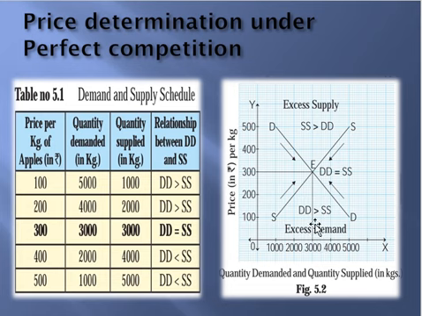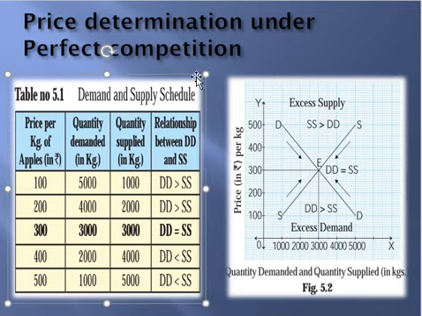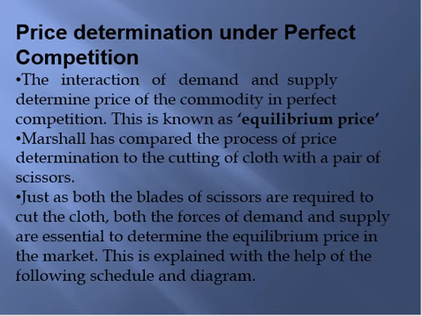So the point E over here, the interaction of demand as well as supply, is called the equilibrium price. I'm going to explain this with the help of a picture, so you can understand what exactly we are learning point by point.